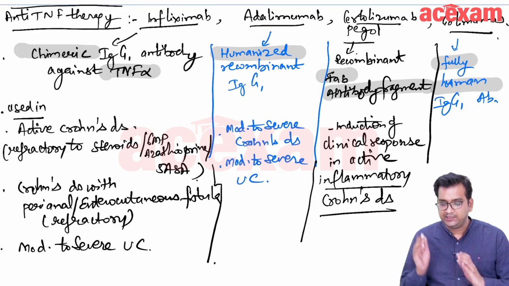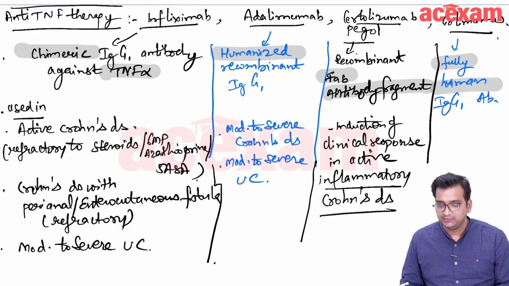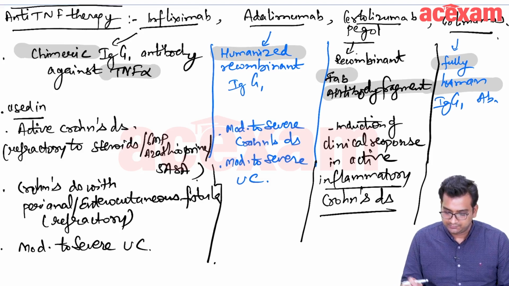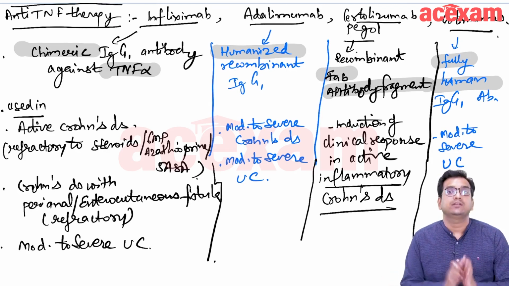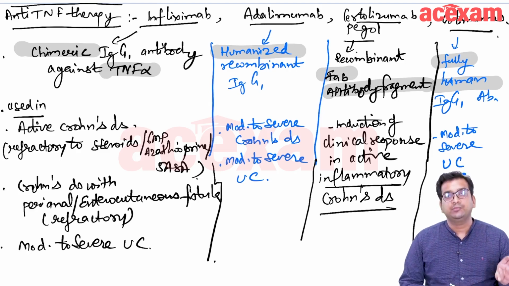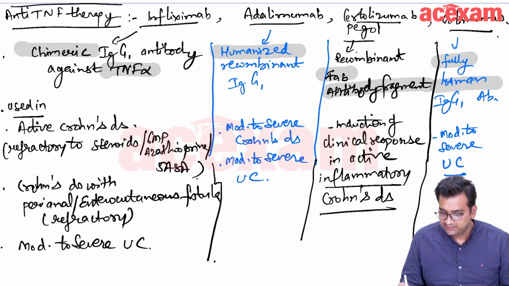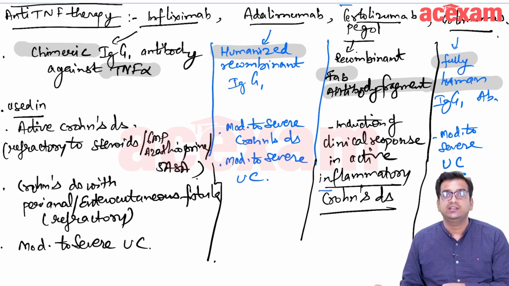Okay, so basically if there is active inflammation in Crohn's disease which is not responding, then we can use certolizumab pegol, and this golimumab is mainly used in moderate to severe ulcerative colitis. Okay, so certolizumab pegol is only for Crohn's disease. You can remember it with this C in certolizumab pegol and being used in Crohn's disease, and this golimumab is used in ulcerative colitis only. And infliximab and adalimumab, they are used in both ulcerative colitis and Crohn's disease.